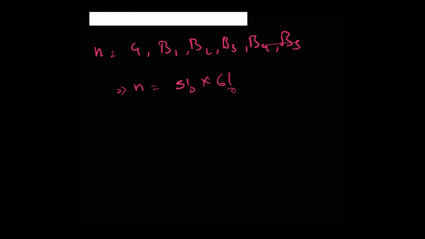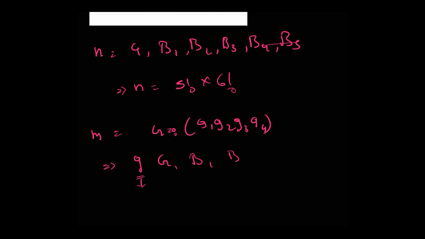Now we got n. Now we will find out m. For m, they have said that exactly 4 consecutive girls should be in a queue. So let us take G as a group of 4 girls, G1, G2, G3, G4, then small g as the fifth girl, capital G, and all the boys B1, B2 up to B5.